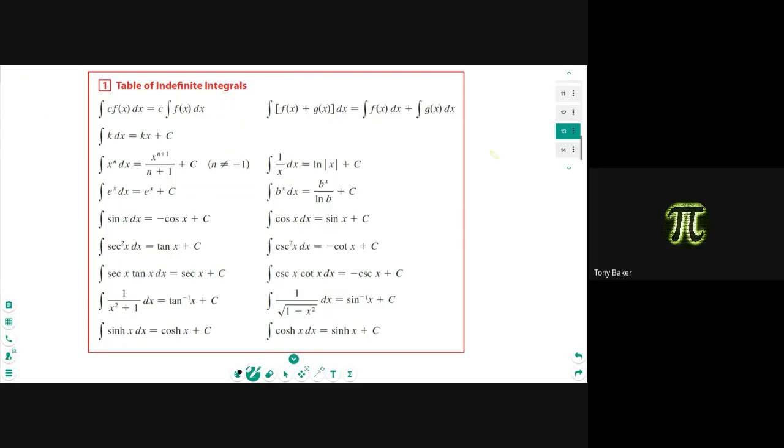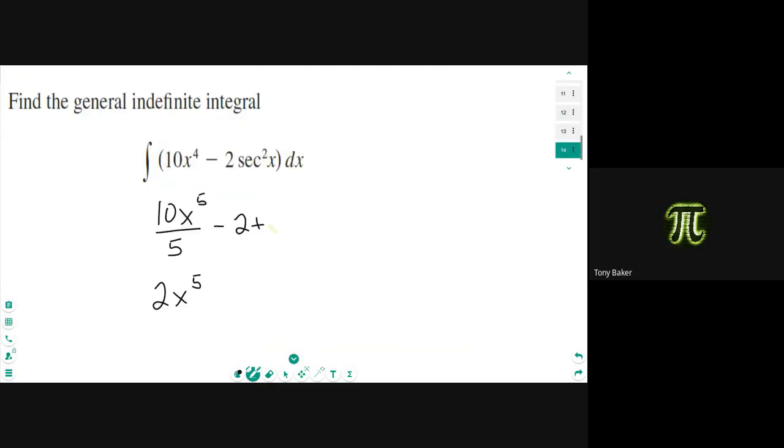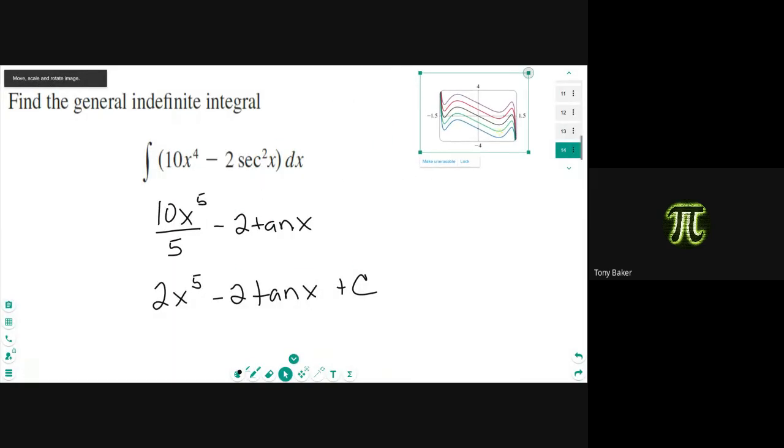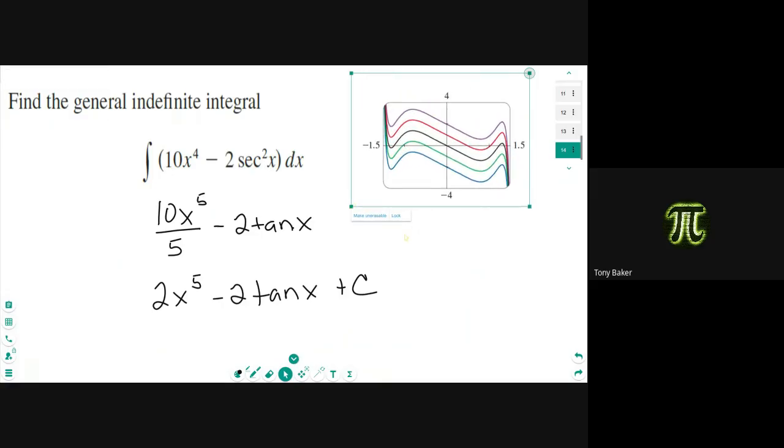Secant squared x is tan x plus C. So whenever you do your indefinite integrals, you have to put the plus C. Because in essence, it's all these values. I don't know where that graph fell on. We could have shifted it up, down, left, right. Well, up and down, not left and right. So that plus C is important.